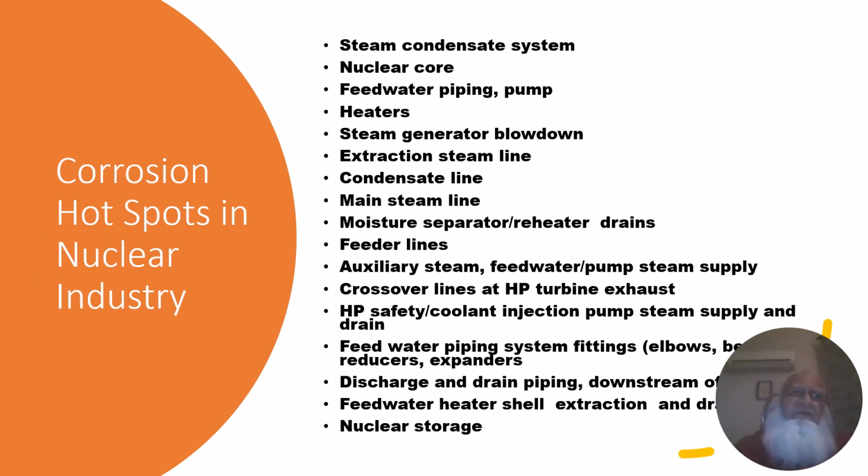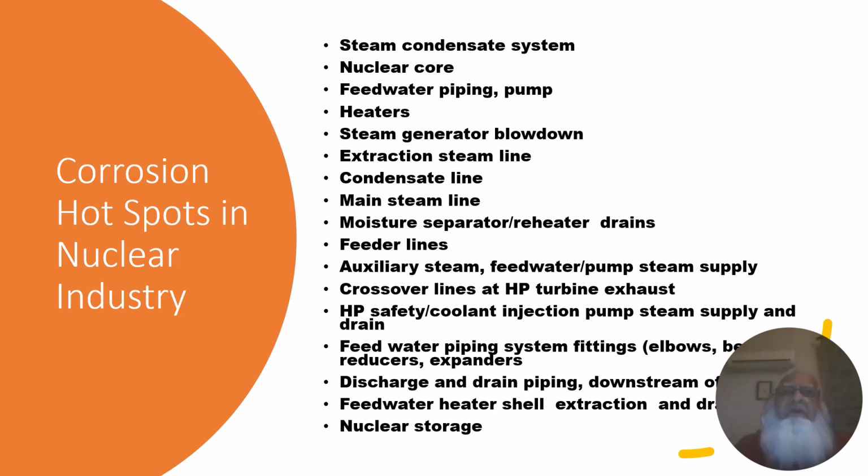This slide shows corrosion hotspots in the nuclear industries. All these items listed here somehow always develop corrosion at localized places, which we call hotspots. The steam condensate system is highly prone to hotspot corrosion.